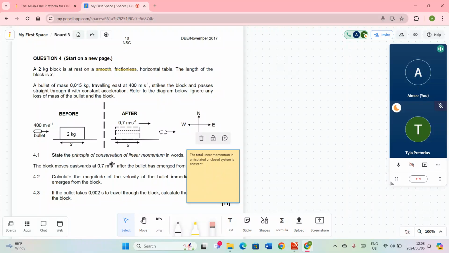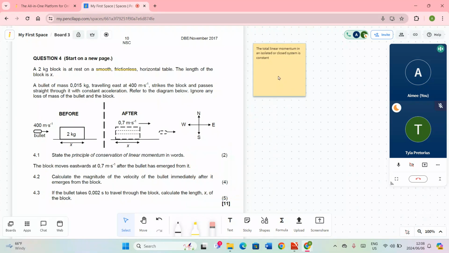The principle of conservation of linear momentum says that the total linear momentum in an isolated or closed system is constant. Okay, so that's question 4.1.